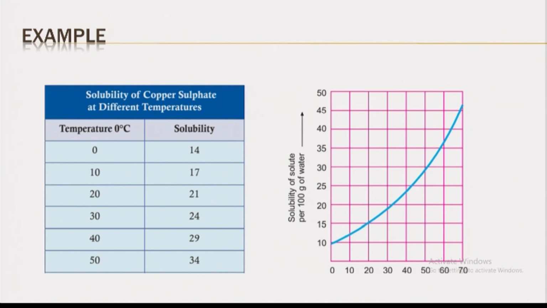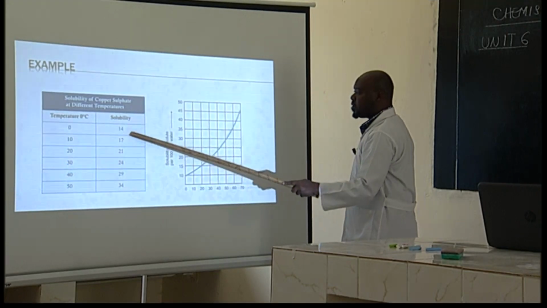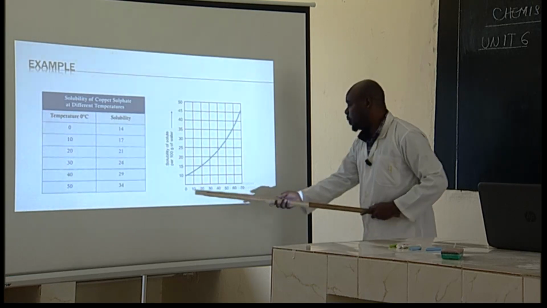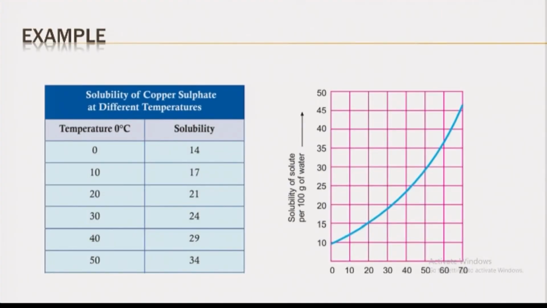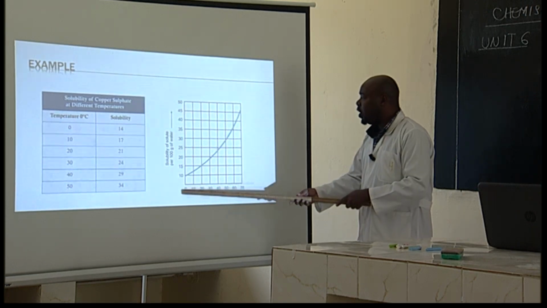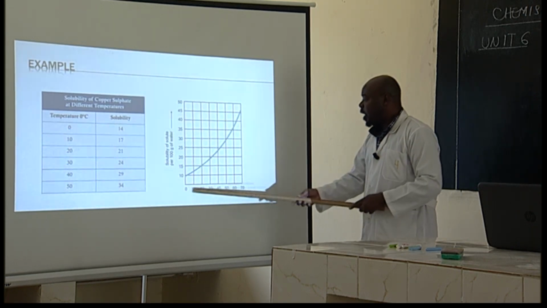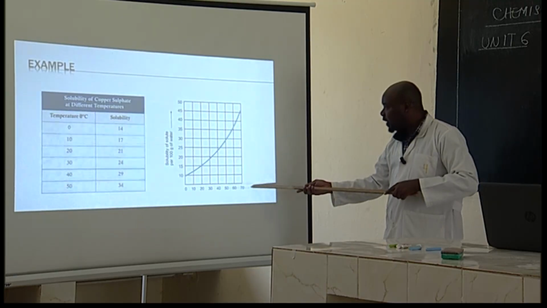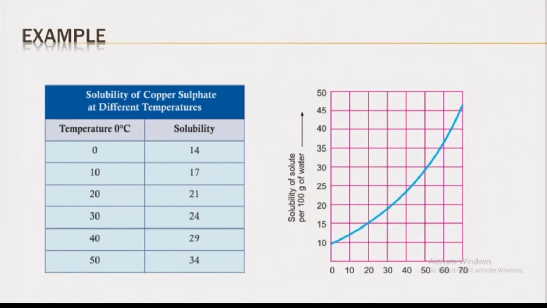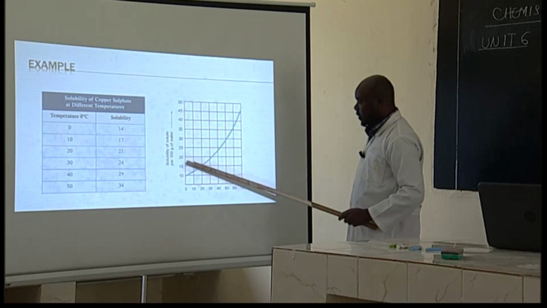So if we combine these 2 points, remember, temperature will be on the x-axis and solubility on the y-axis. It's clear. And then we get, for example, a value of 14 somewhere here.